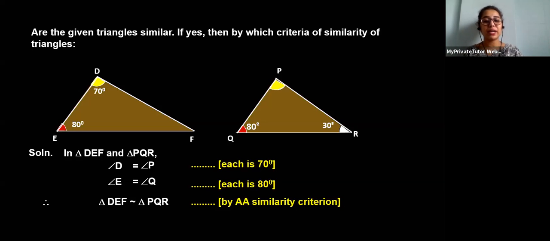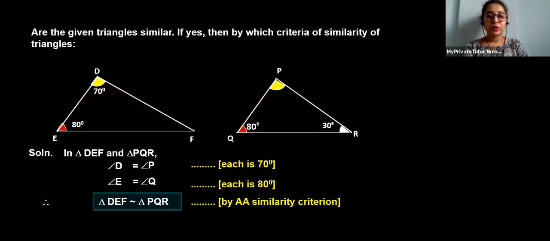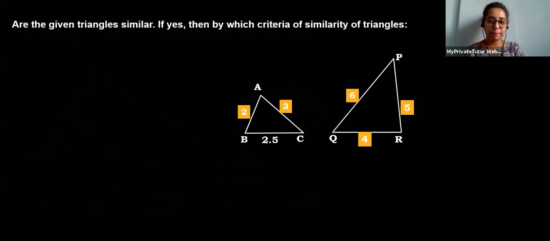You have to check by all three criteria, see which goes with them, and through that criteria you can prove that the given triangles are similar. So these two triangles, triangle PEF and triangle PQR, are similar by the criterion of similarity. Now let's go to the next example.